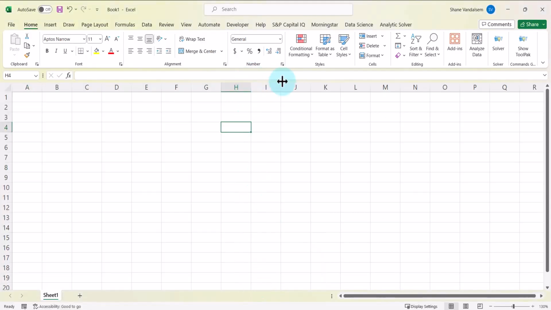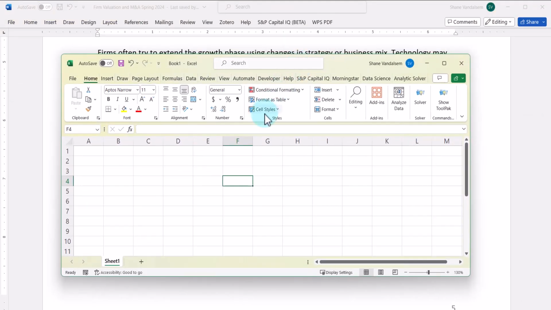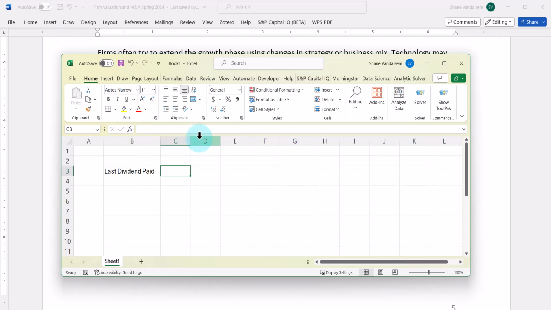So the problem said that the last dividend paid was $2.50. So that's what we're going to start with. Our last dividend was $2.50, and that's an annual dividend, so that's the amount that was paid out over the year.